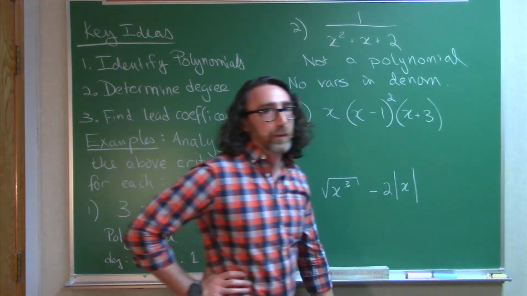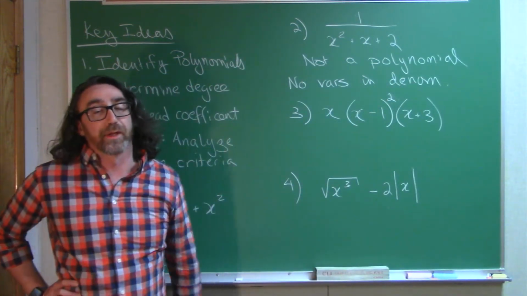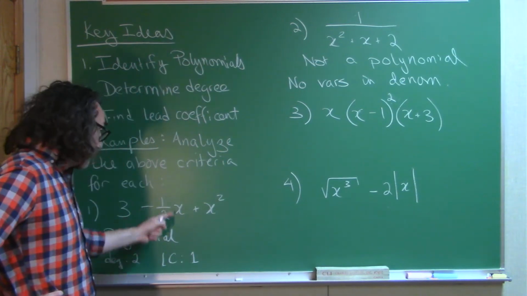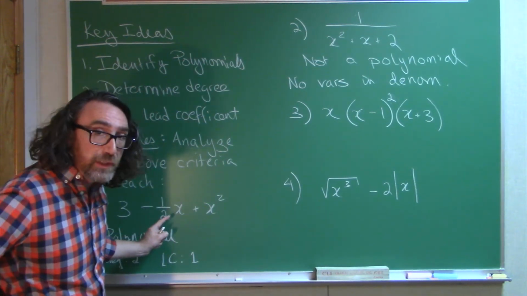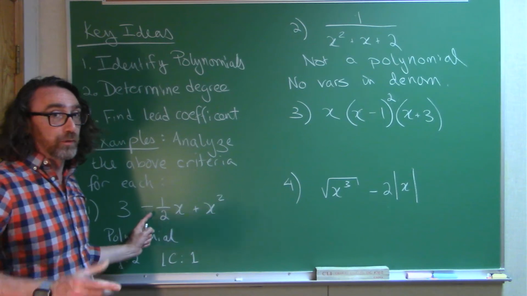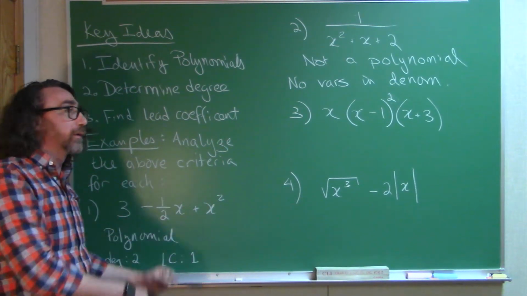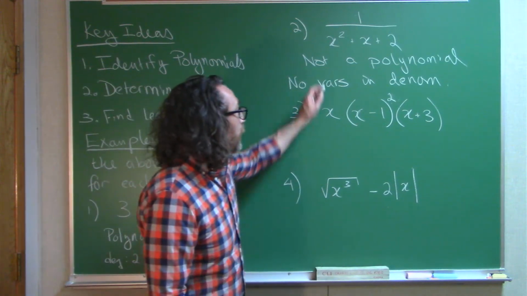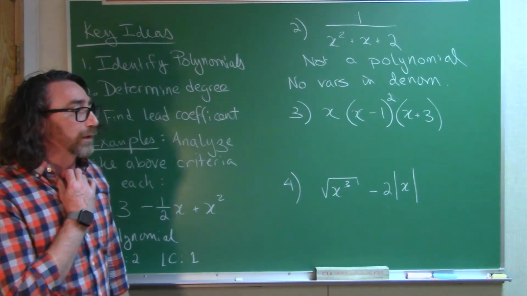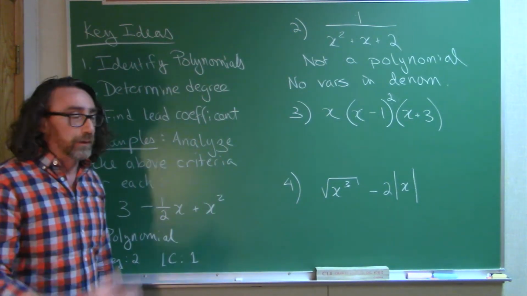Okay? You're not allowed to have variables downstairs like that. You're allowed to have fractional coefficients in a polynomial, but remember, coefficients don't have the variable. That's the numerical part. Okay? So that is not a polynomial. No variables allowed in the denominator.